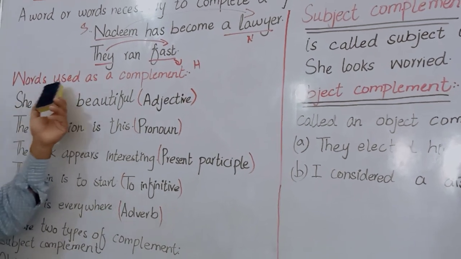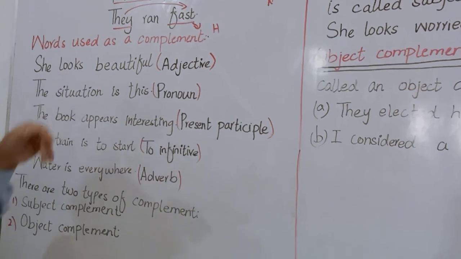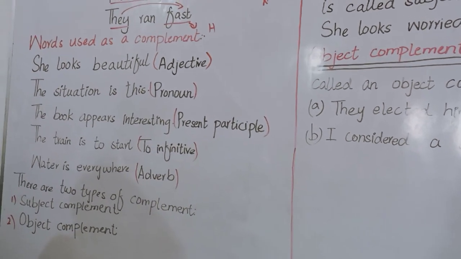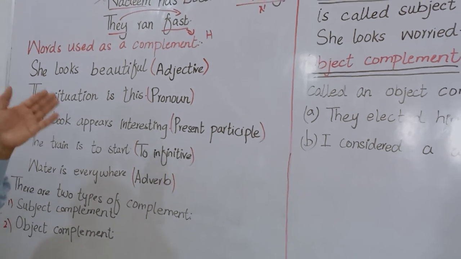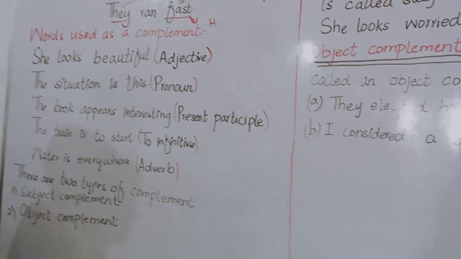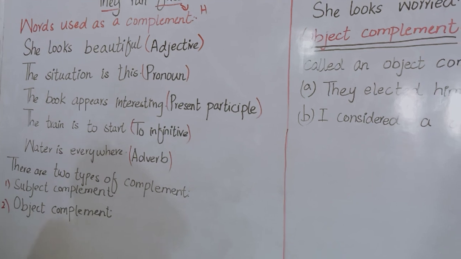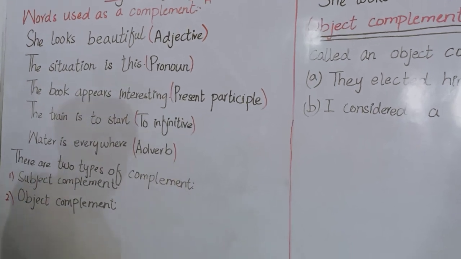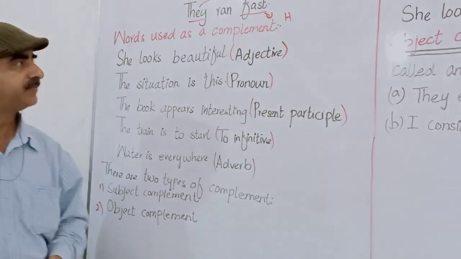Next one, words used as a complement. There may be different places, so be attentive. It is your hard work, and you may take a good benefit of your hard work. Be very focused. Sit still. She looks beautiful.